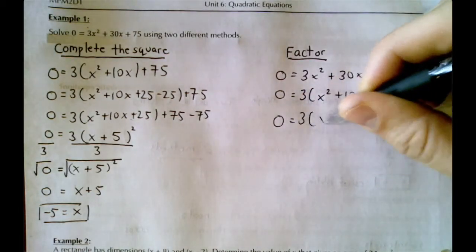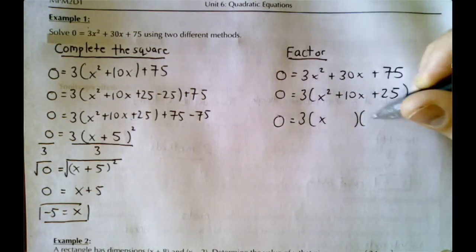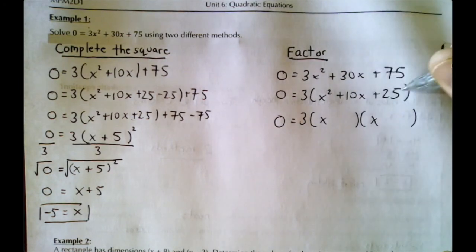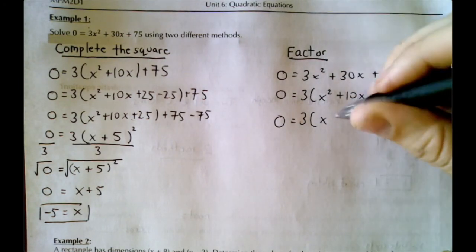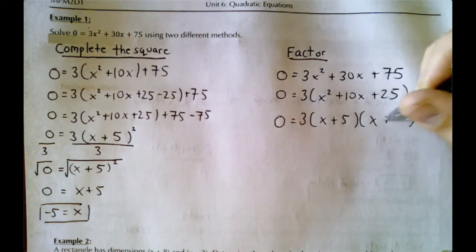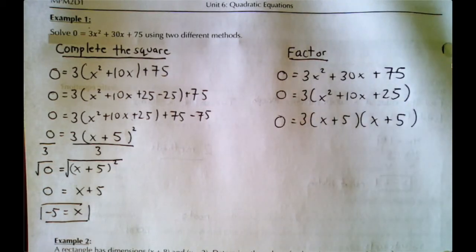So we'd make our two brackets, x, and the numbers that multiply to 25 and add to 10 are 5 and 5. And since we have the same bracket, we only have to write it once.